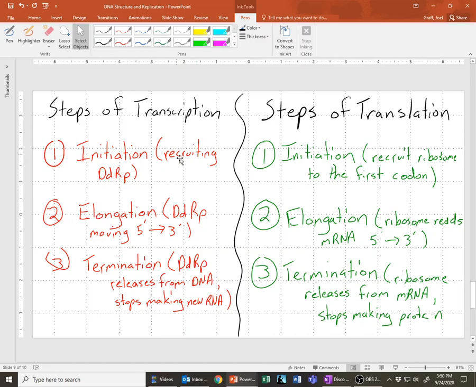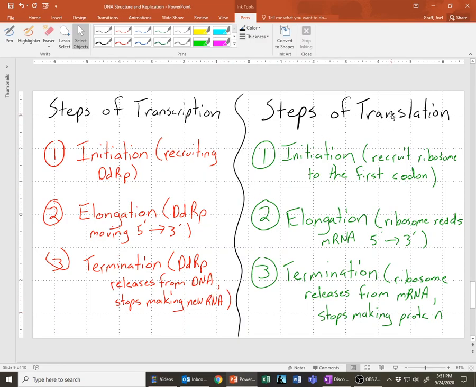So you have to bring the polymerase in here, and then it moves in the 5' to 3' direction here. And finally, the last step of transcription is termination, and that is when the DNA-dependent RNA polymerase releases from the DNA. If it's releasing from the DNA, it can no longer read any template, so it stops making new RNA, and your RNA is completed at that point.